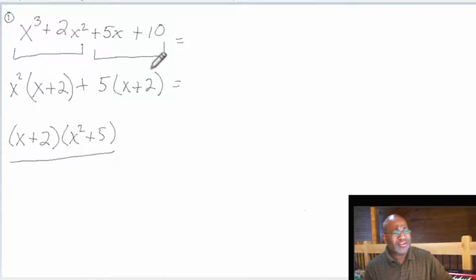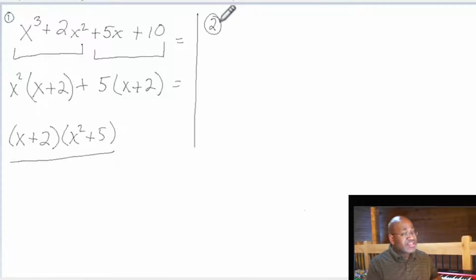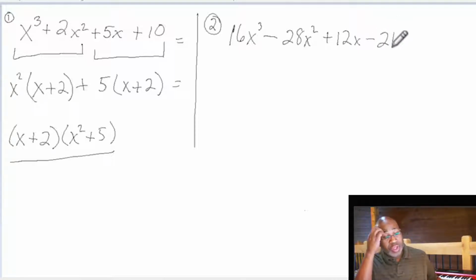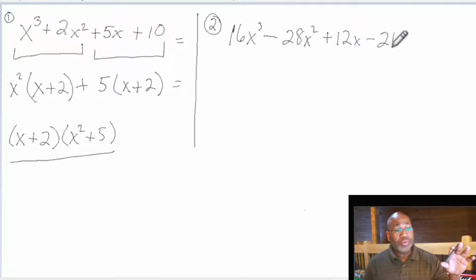Let's take a look at another problem. In this example, we have 16x cubed minus 28x squared plus 12x minus 21. So we follow the same process here as we did previously. We look for a common factor among all 4 terms. Do we have one here? No, we don't.